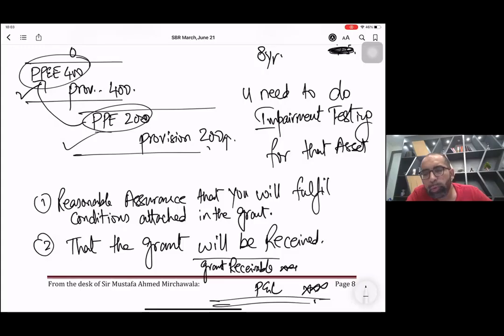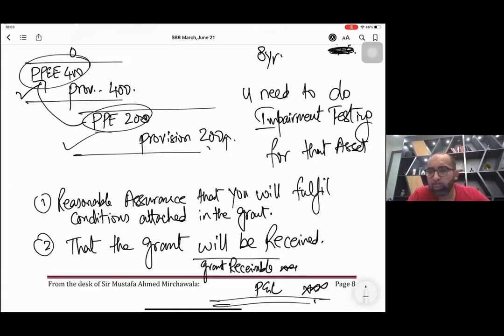This time you are getting this grant for the past act, which you have already done. The damage has already been booked in the P&L. So when the damage has already been booked in the P&L, this thing will also go in the P&L to match. Remember, the major concept is matching principle.